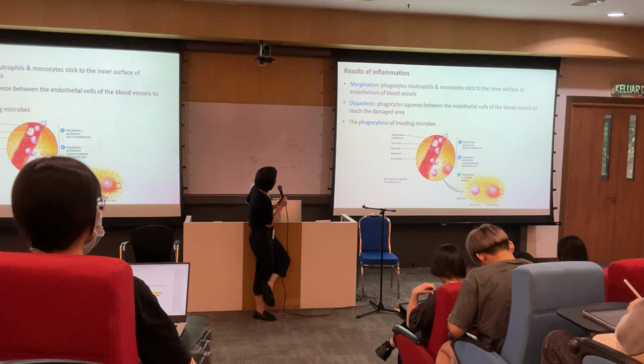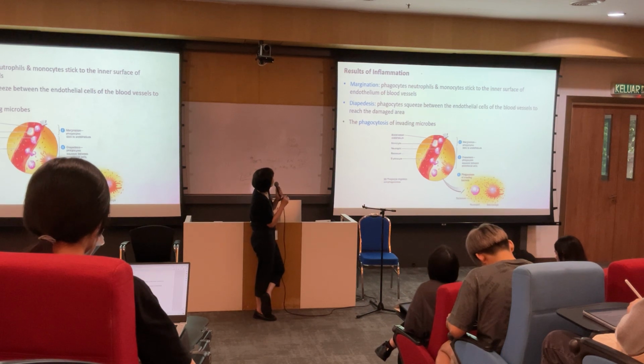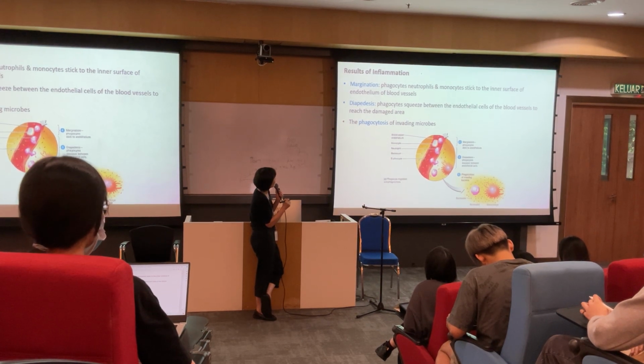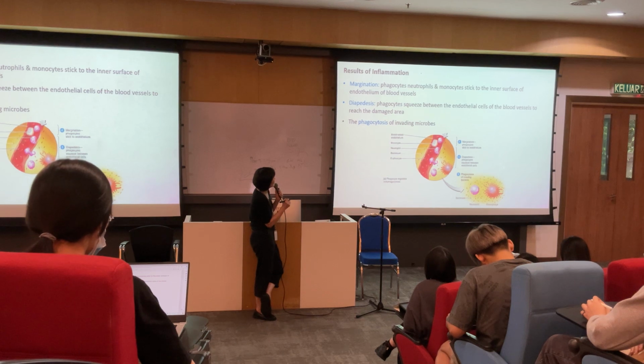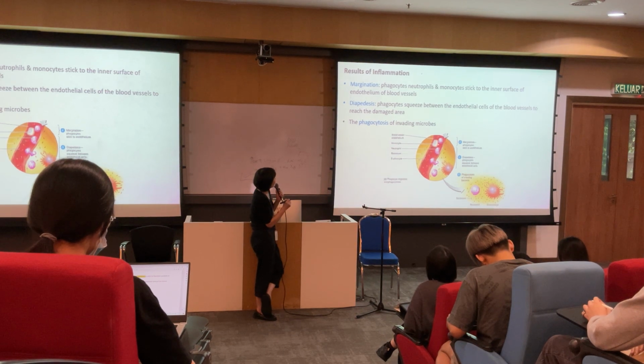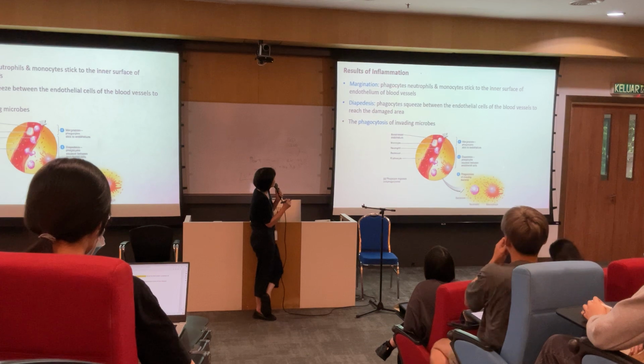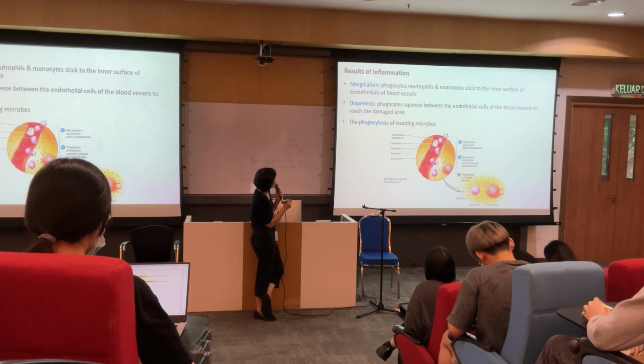And lastly, this is, as a result, we actually recall what we have just learned, that margination, when the immune cells try to squeeze out from the blood vessel, you will have those leukocytes or other neutrophils sticking on the inner cell surface of the blood vessel.